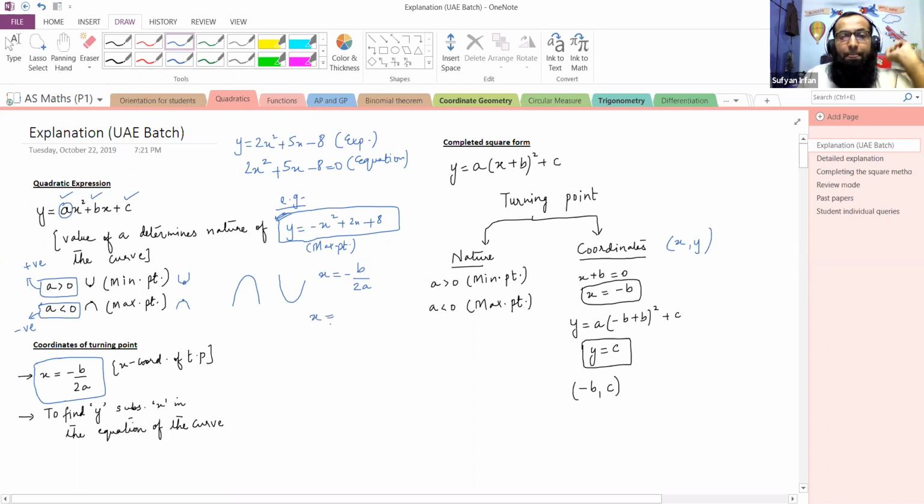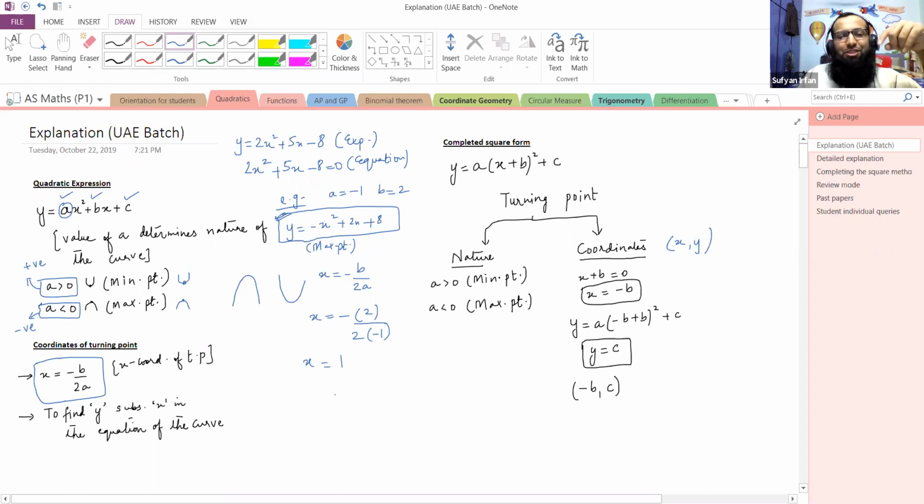How? Negative b upon 2a. So b is 2 and a is negative 1. The coefficient of x square is negative 1, so a is negative 1 and b is 2. So minus b upon 2 times a, and a is negative 1. This means minus 2 upon minus 2, negative 2 upon negative 2 is 1.